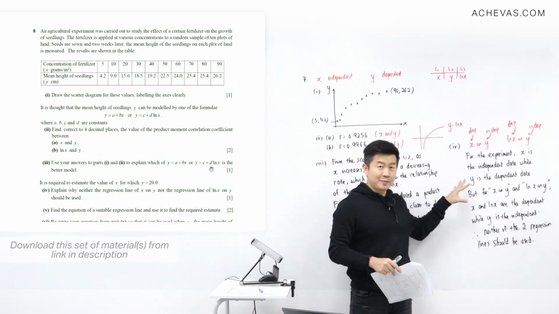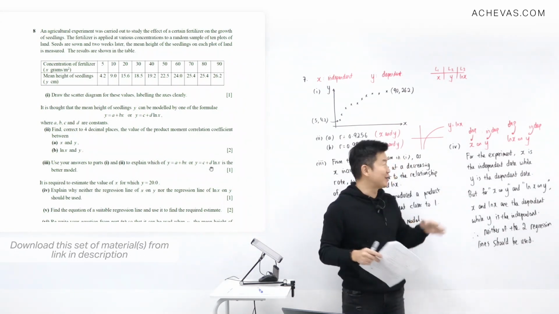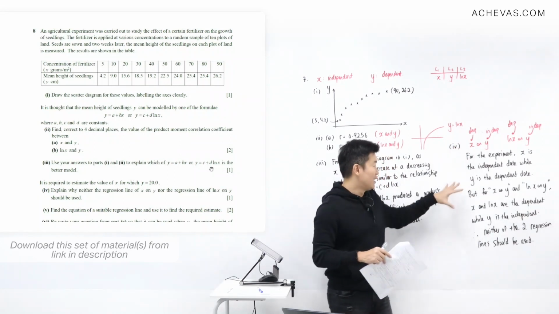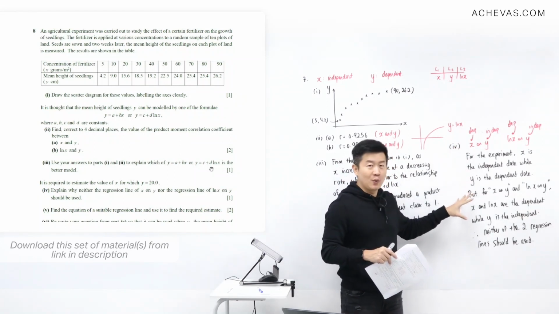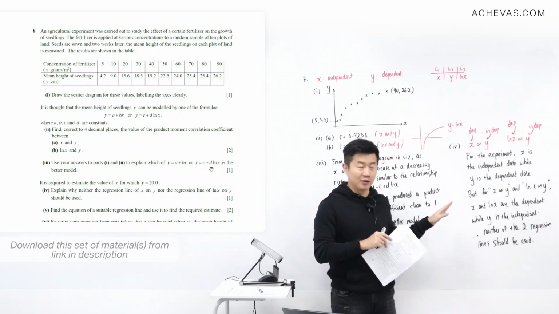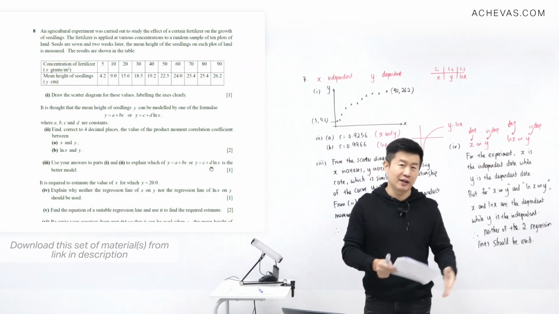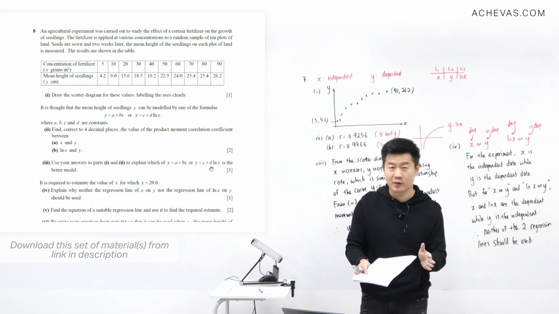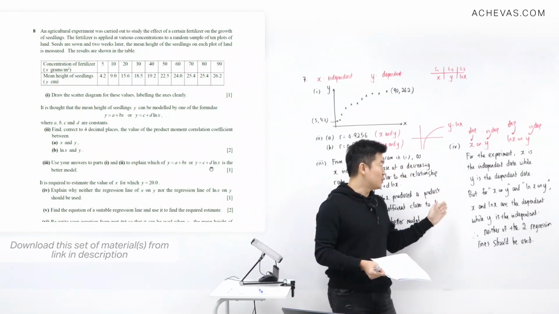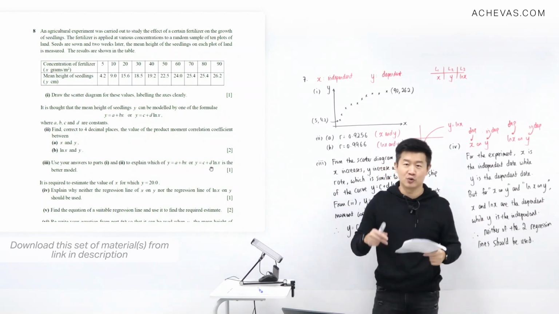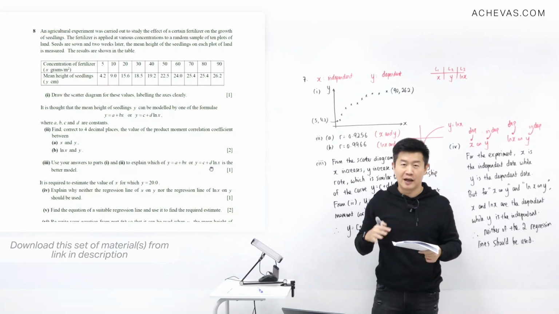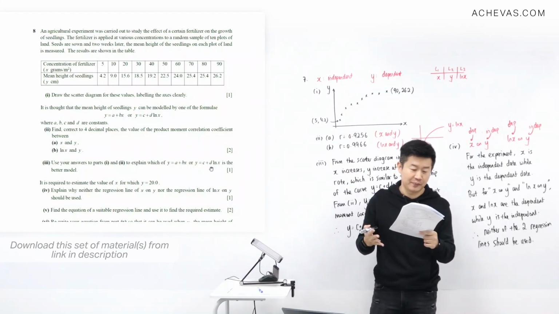Based on the same explanation, which I made a little mistake on just now as I tried to describe it to you, we need something where x is supposed to be the independent. But the two versions given to us have both x and then ln x as the dependent. That is why we cannot use either of these two to do any prediction, because it goes against how the experiment is being carried out.